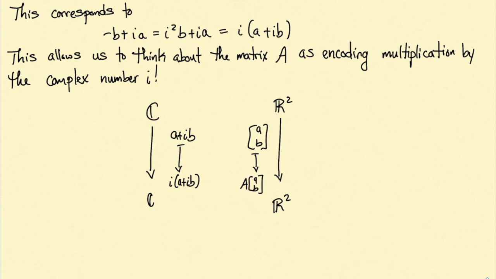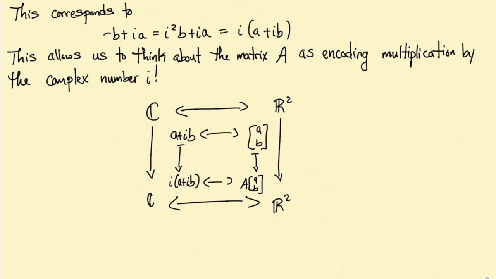Now, of course, we have a way to move from the complex numbers to the real numbers by simply associating a plus ib with (a, b), and backwards by associating (a, b) with a plus ib. And as we just saw, this association respects these two mappings, namely i times (a plus ib) and A times (a, b) are associated under this mapping.